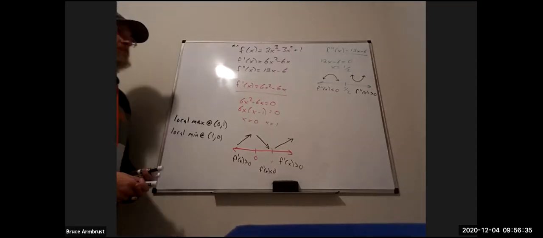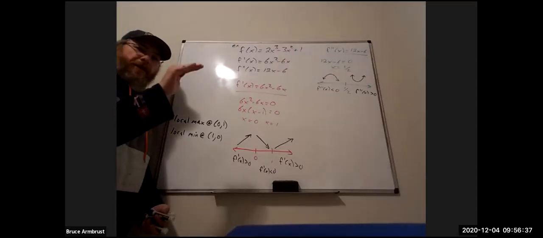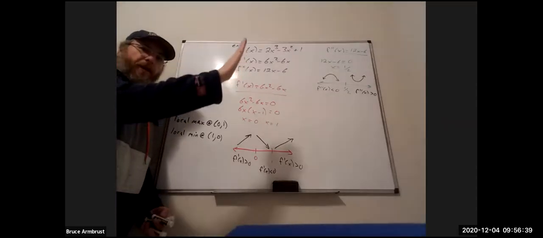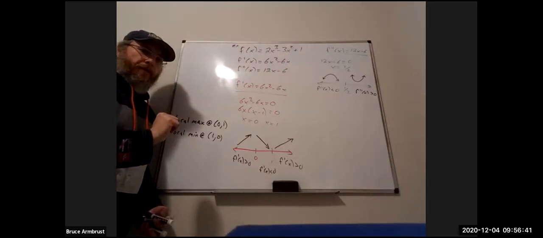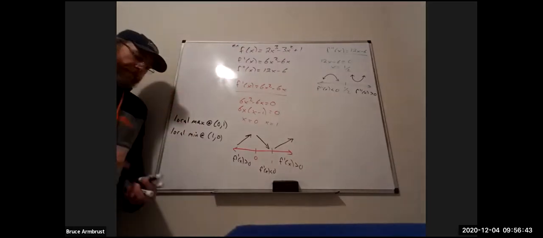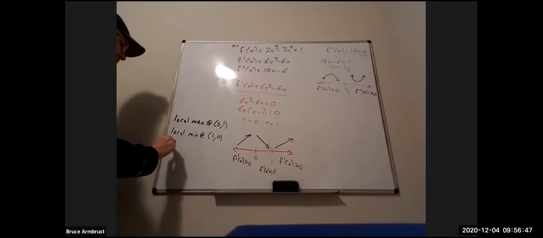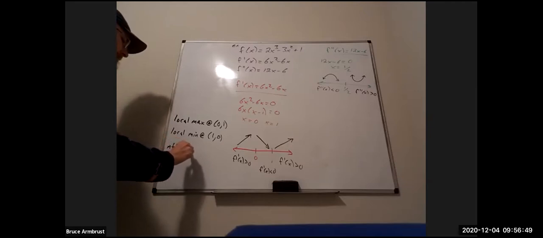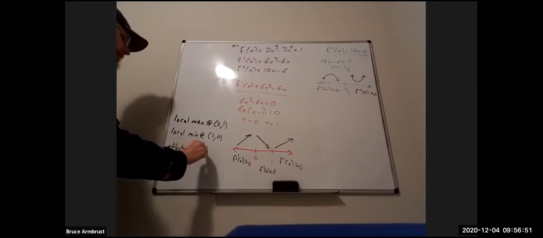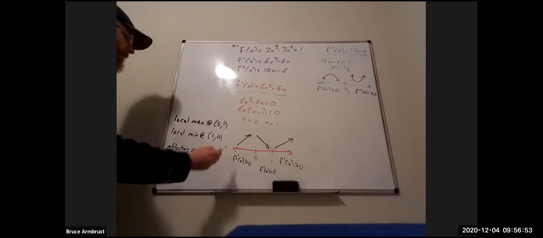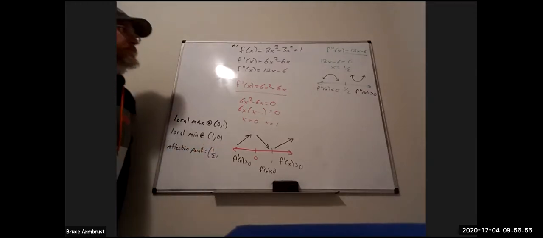All right. So this is going to be concave down and then go to concave up. So that means that there is an inflection point. There's an inflection point when x is equal to 1/2.